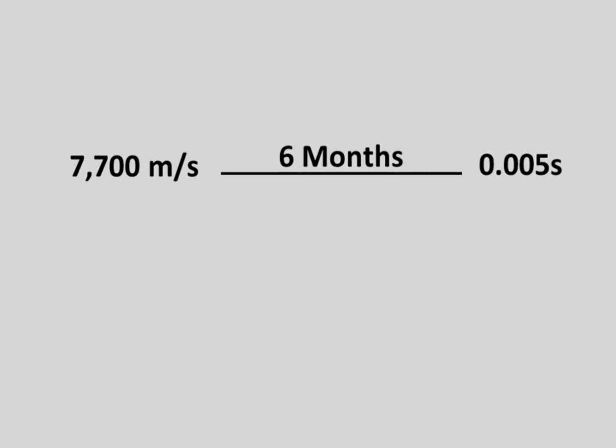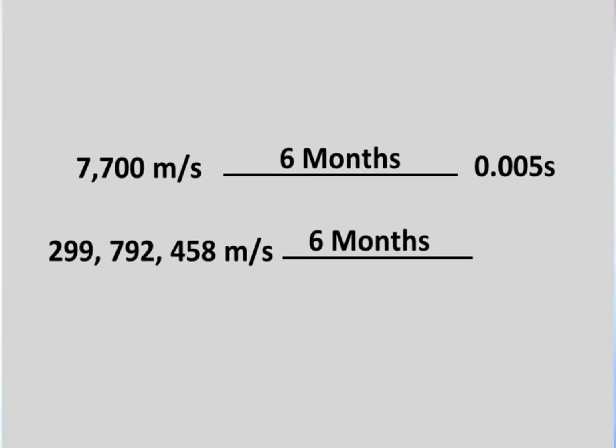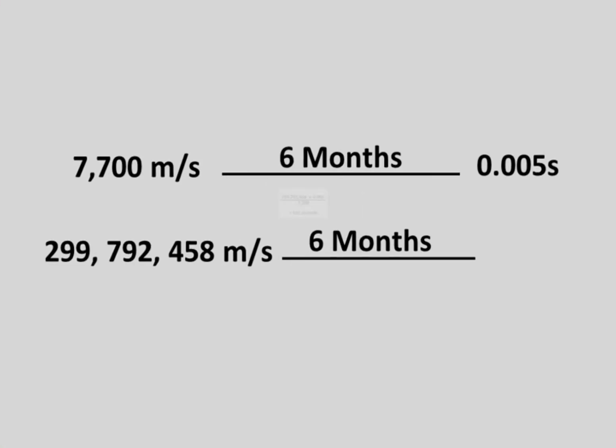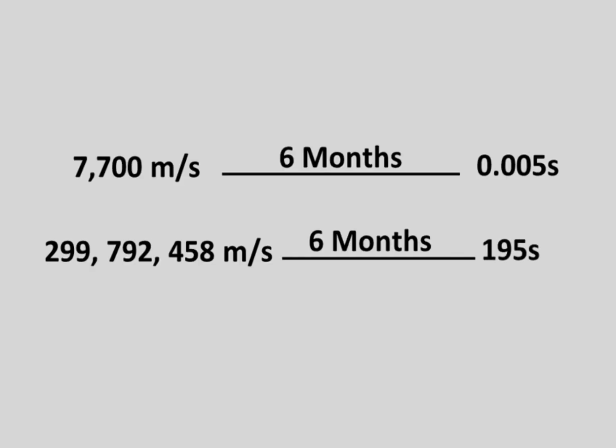But what if a body could orbit the Earth at 299,792,458 meters per second, which is the speed of light, for 6 months? How much less would the body age than those on Earth? With mathematical calculation, the body would age 195 seconds less than those on Earth, which shows from this calculation that the faster you speed, the less you experience time.